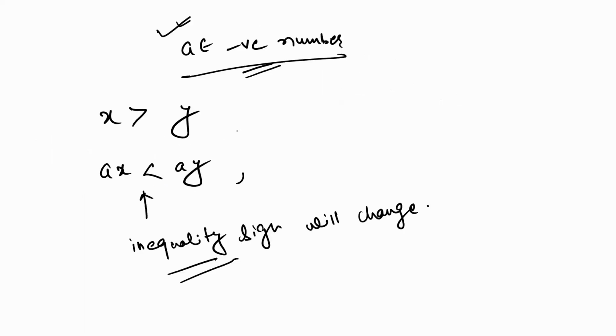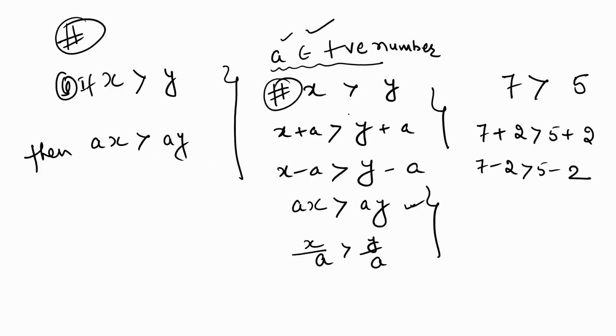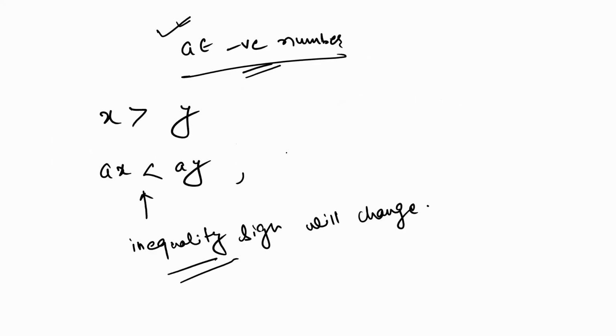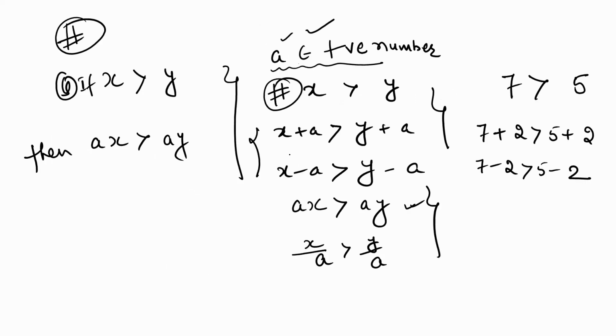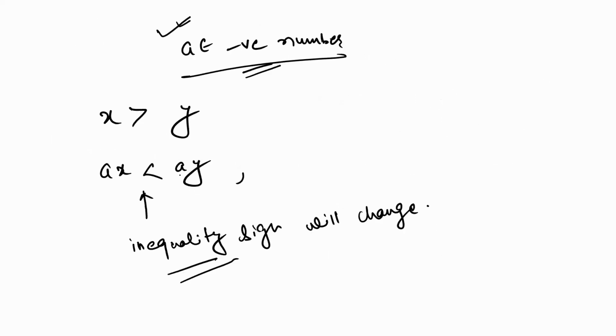So except for this one, these two will hold true. Even if you are dividing, it will be the same, but if you are dividing by a negative number, see: you have 20 greater than 10.